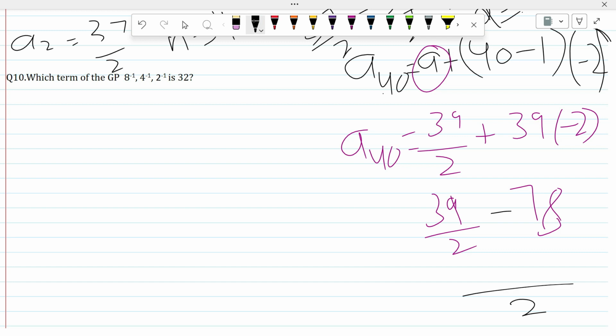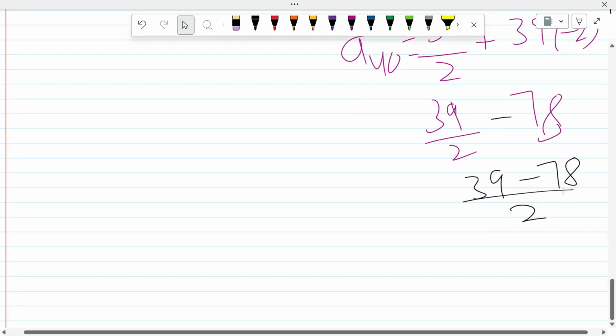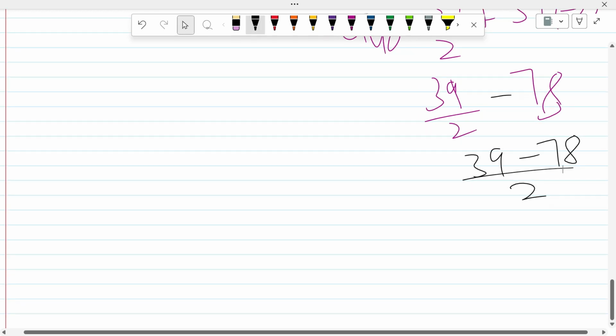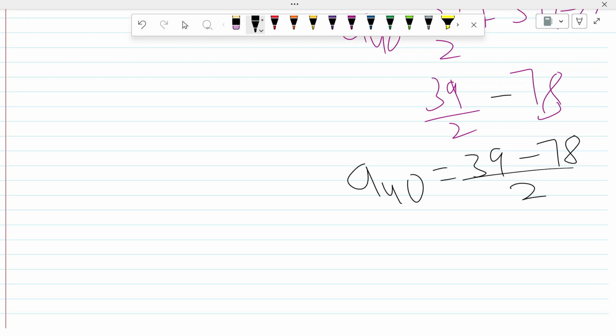Now 39 minus 78, further solving, we will get minus 39 upon 2. I'm not good at English at all.